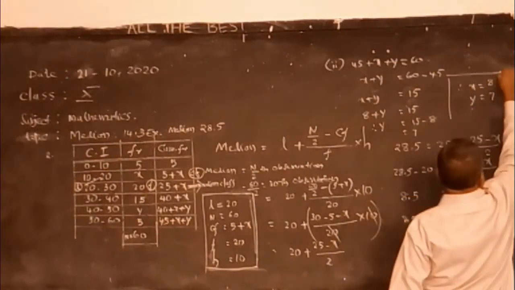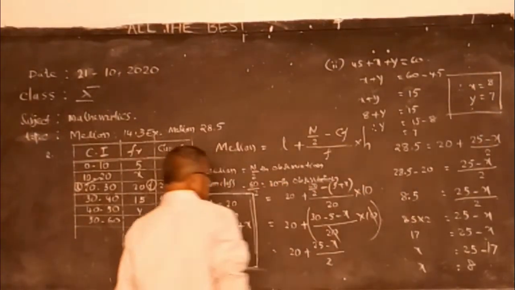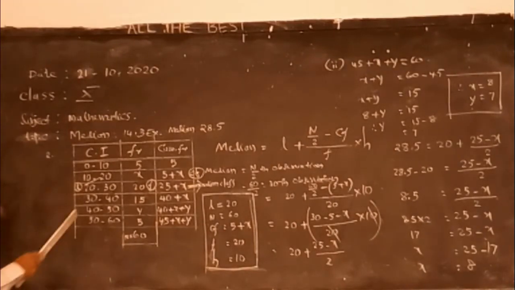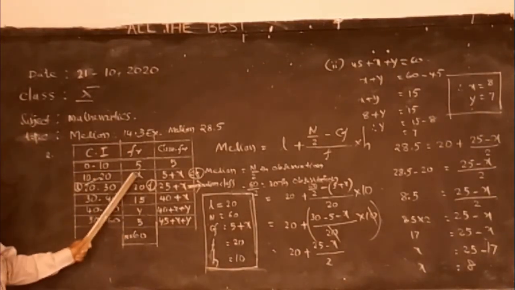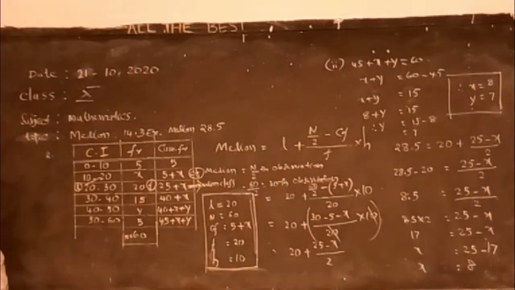Like this. Very important problem. Note down. See, this is the same table with three columns. Here two frequencies, x and y, are not given.